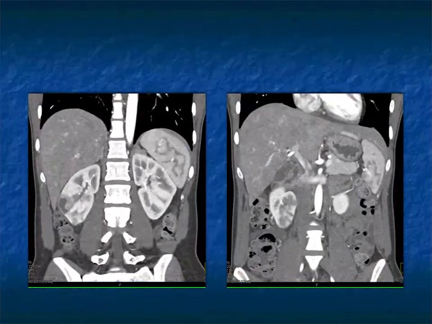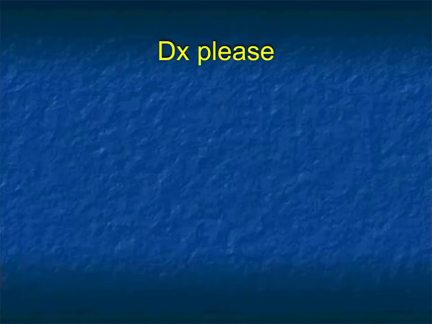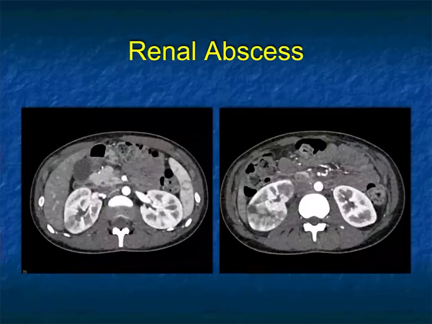Here is that same thing on the coronal view, nicely showing the lower pole on the right side most involved. Again, somewhat of a cystic component, like the last case, as well as patchy interstitial changes. And this too was a renal abscess.